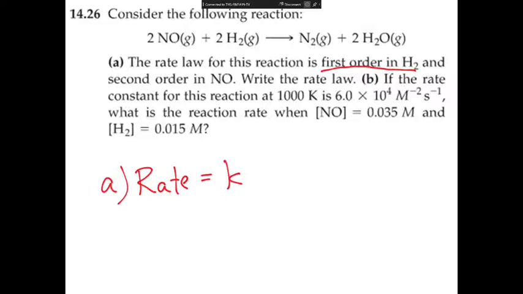That's a rate law. Rate equals K, blah, blah, blah. If it's first order for H2, they're telling me the exponent for H2 is a 1. If it's second order for NO, they're telling me the exponent for NO is a 2.